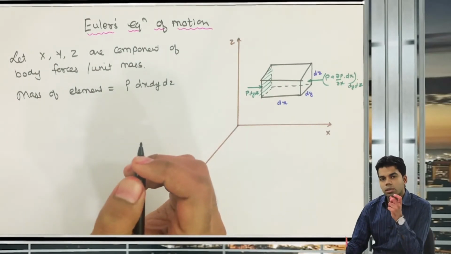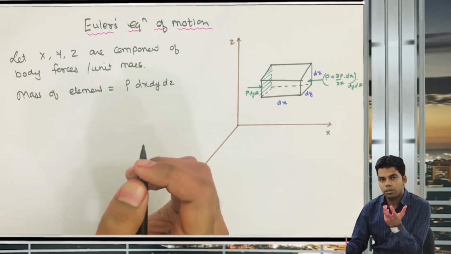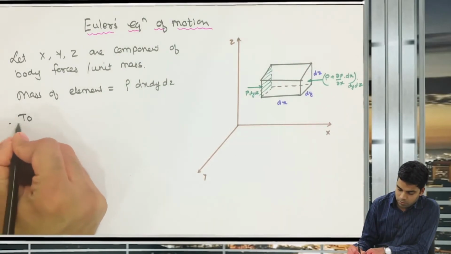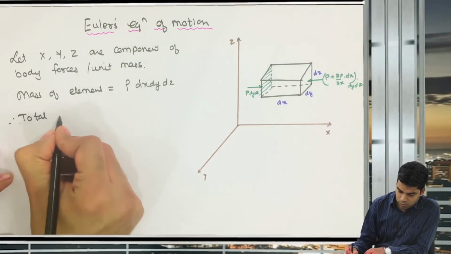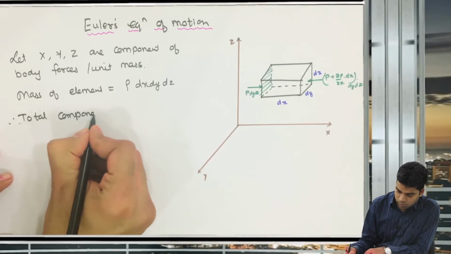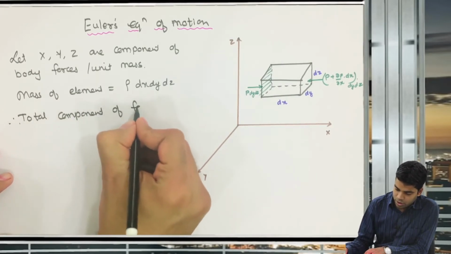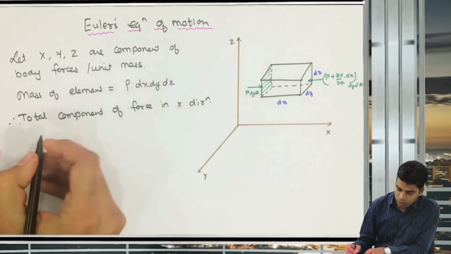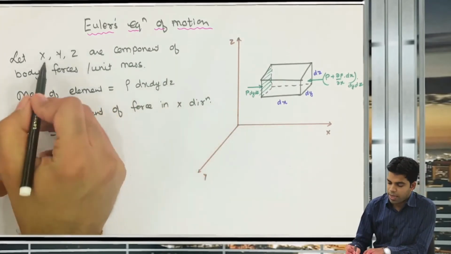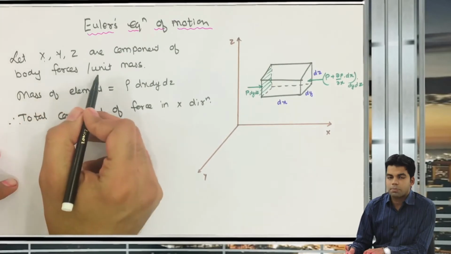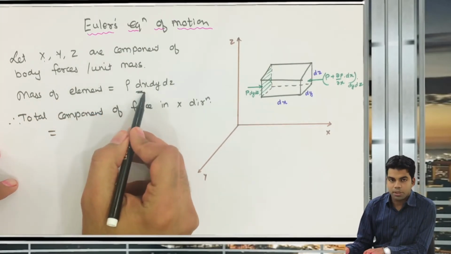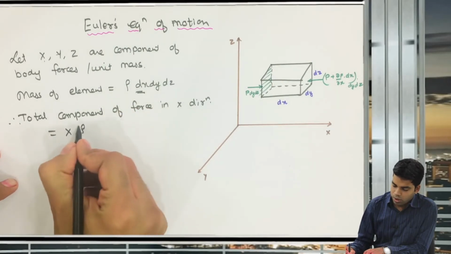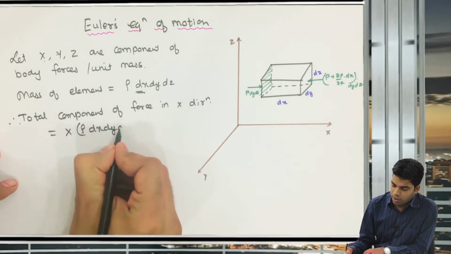Now what will be the total component of body force in the x direction? X, Y and Z are the body forces per unit mass and the total mass is this much, so the total force will be X into mass, which is rho dx dy dz.